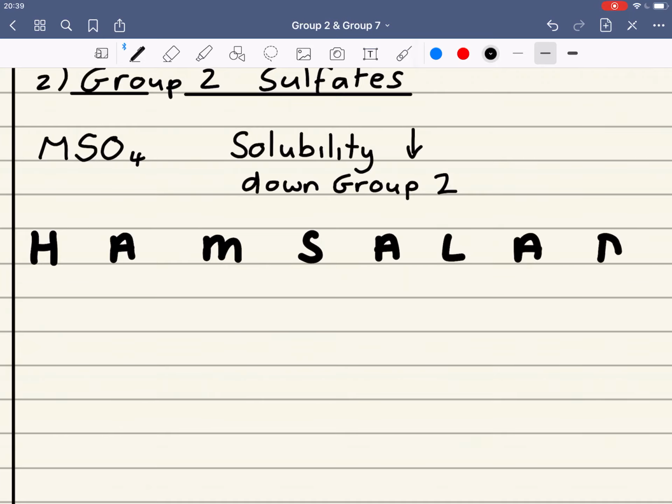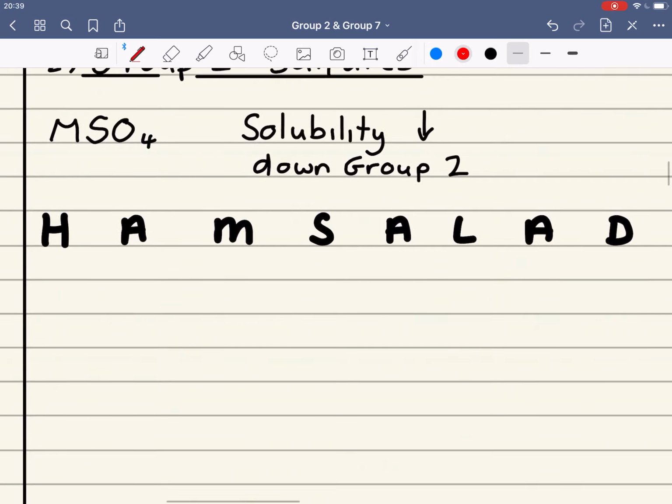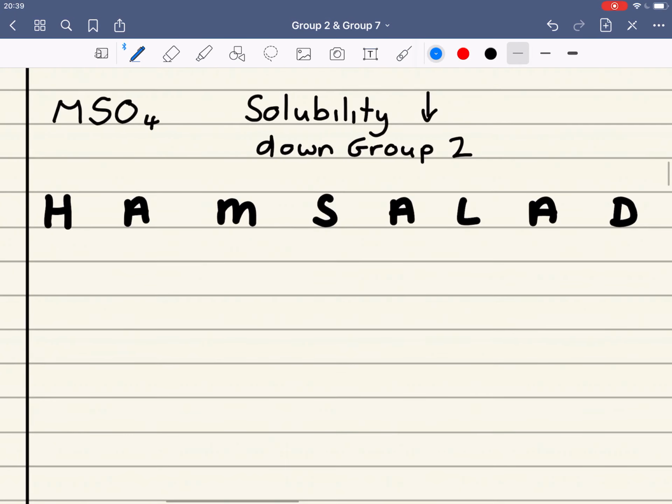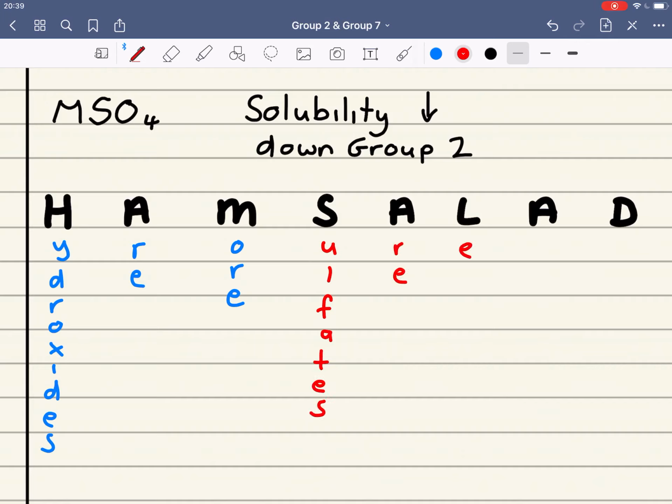Now, that brings us on to what some people may find as a useful mnemonic, and that is ham salad. Now, what does that mean? Well, it means that hydroxides are more, we're talking about solubility, sulfates are less soluble as you go down group 2.